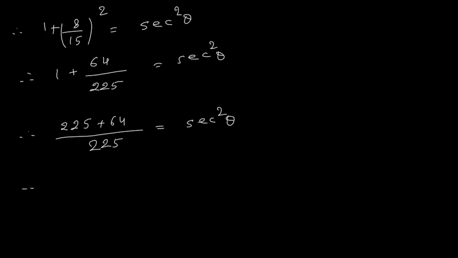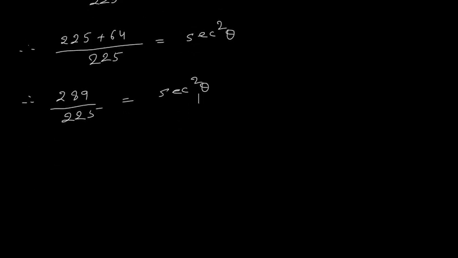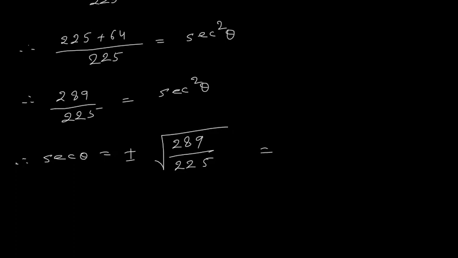So therefore we have 289 upon 225 is equal to sec square theta. So the value of sec theta will become plus or minus square root of 289 divided by 225. Square root of 289 is 17, and this is 15. So plus or minus 17 upon 15.